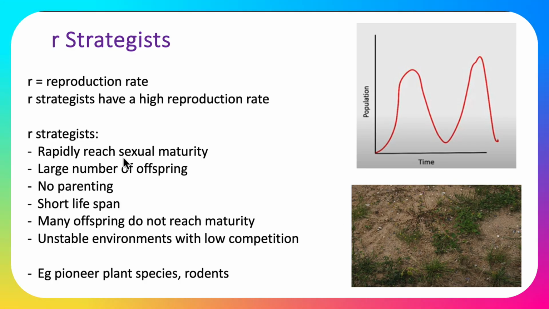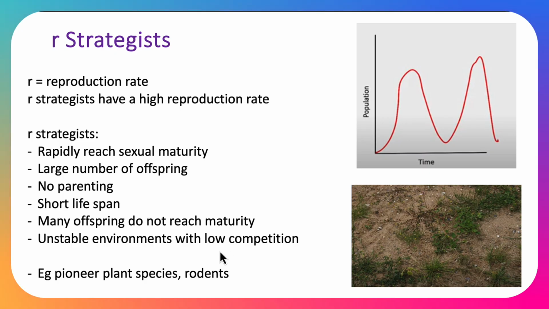These offspring rapidly reach sexual maturity and then can also reproduce as well. They produce a large number of offspring. There's no parenting. The parents don't invest in looking after their offspring. So therefore, many of the offspring don't actually reach maturity and they have a very short lifespan.